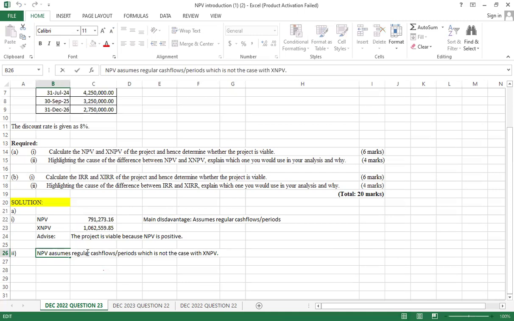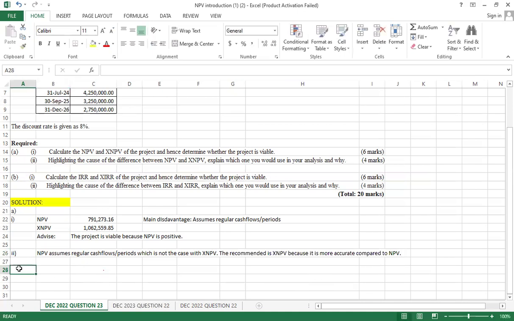So we will just continue here that the recommended one is XNPV because it is more accurate compared to the normal NPV.